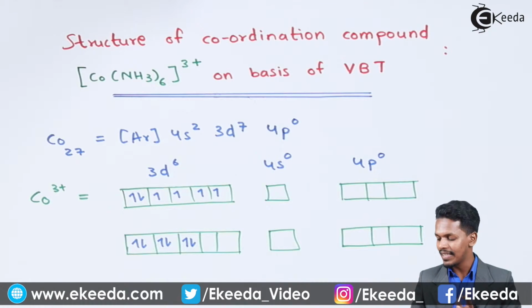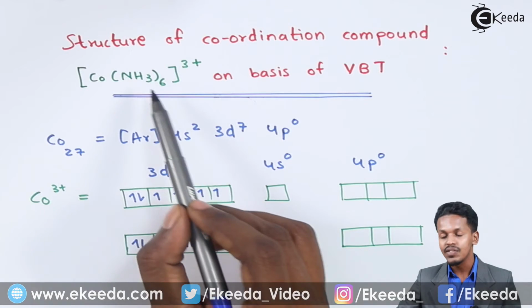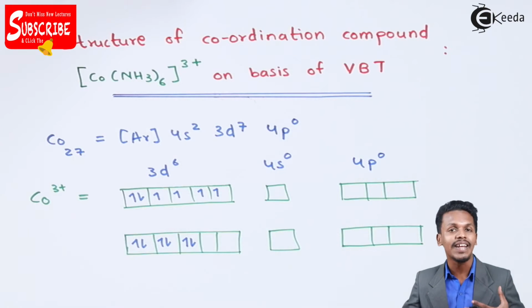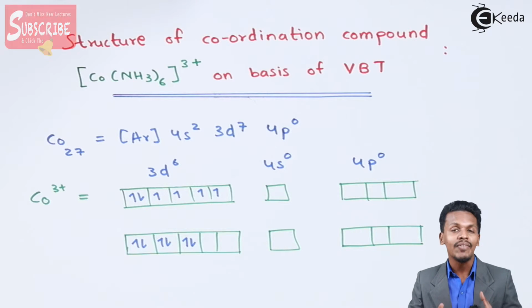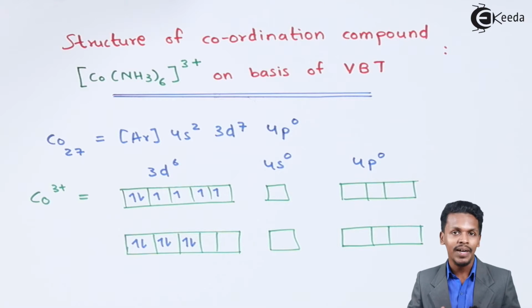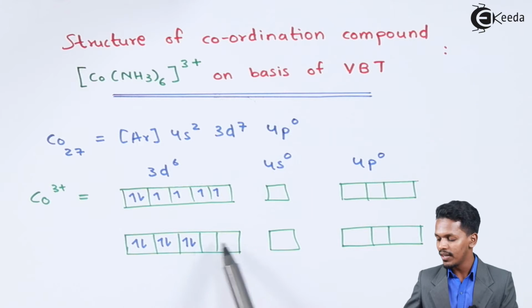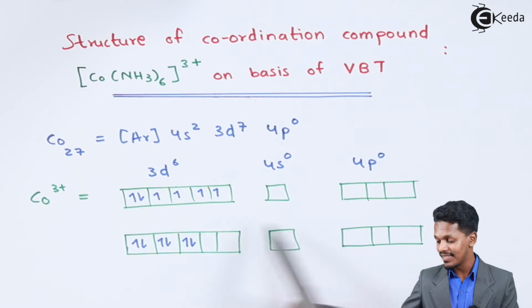Now let us understand what the hybridization of the central metal atom would be in this case. There are 6 ligands, or 6 NH3 groups, approaching the central metal atom cobalt. For that we need 6 empty orbitals, and we have 1 2 3 4 5 and 6 orbitals here.